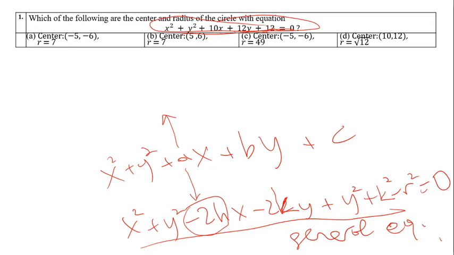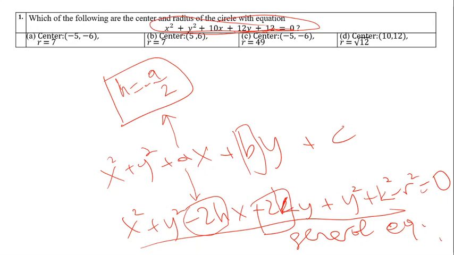For this reason, h turns out to be minus a over 2, and b turns out to be minus 2k, so if you solve for k, k is minus b over 2.